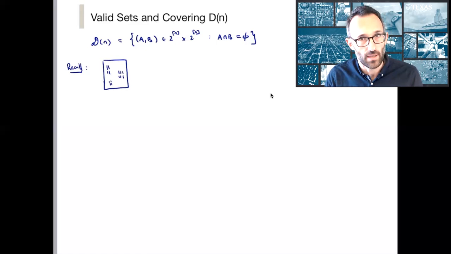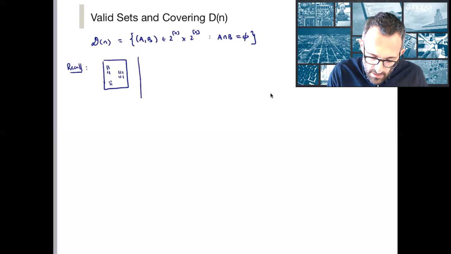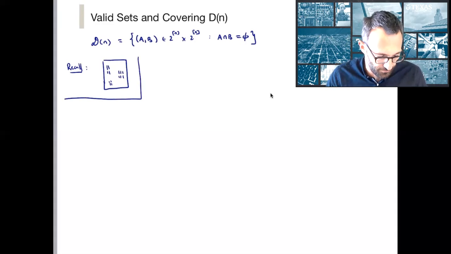We are going to try to do something similar. We're going to try to cover D of n with some certain number of sets. They're not going to have to be blocks, but keeping this in mind will help give us intuition as to why we make this restriction.